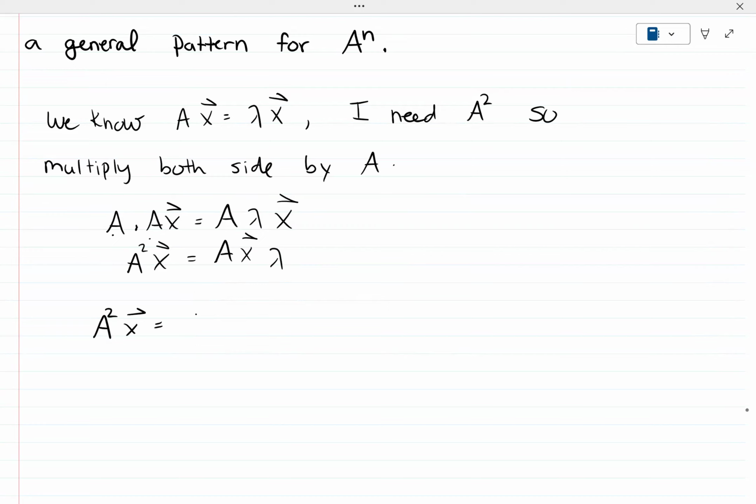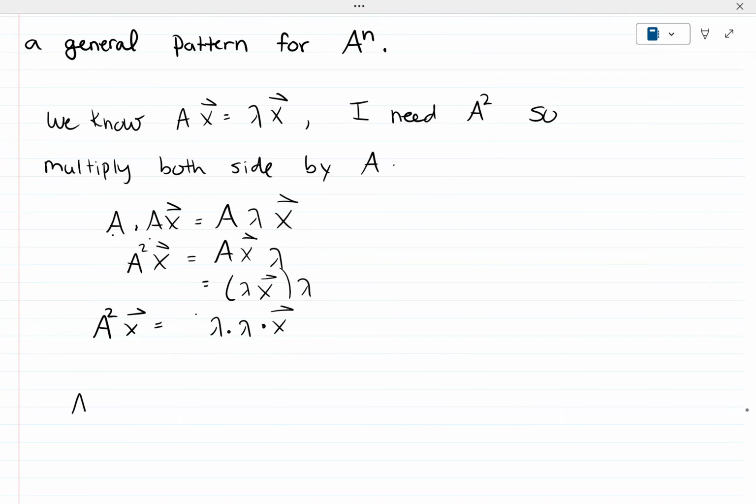So it's A lambda x, and then this is A x lambda. So this becomes, right here, lambda times vector x. And now you have lambda times vector x.